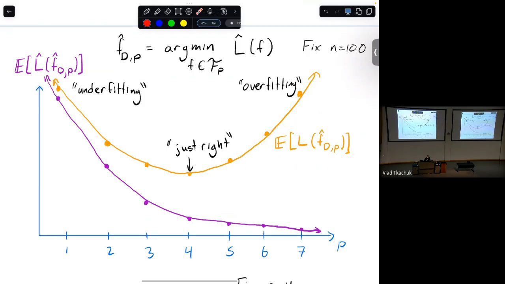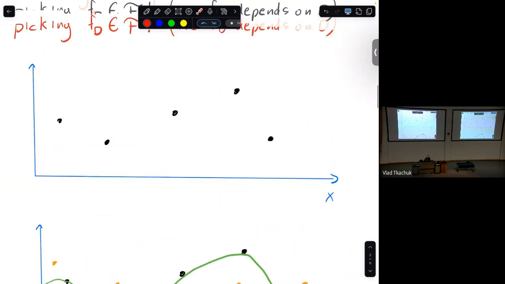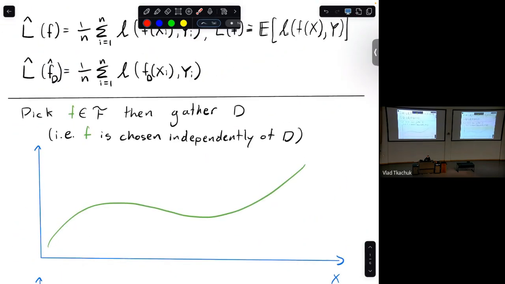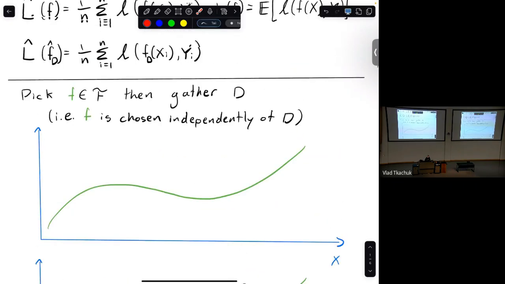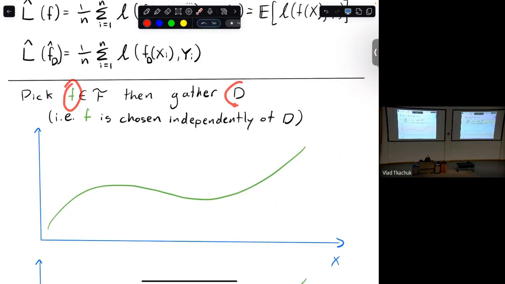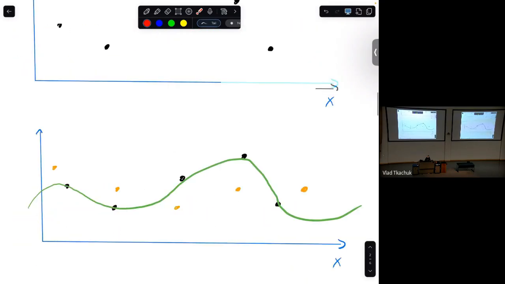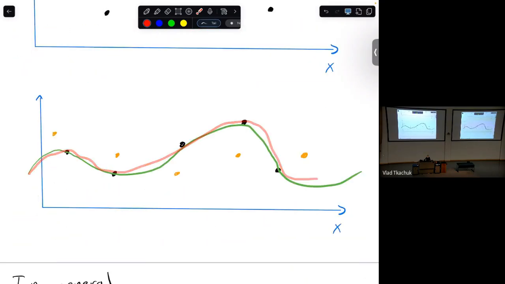And the idea is quite simple, which is we go back to the very beginning of this section, and we look at the wonderful news we have if we pick the function class and then gather data. Now let me describe in words what is a very intuitive process: you have your data set, you run your learner on the data set, and you fit the data.